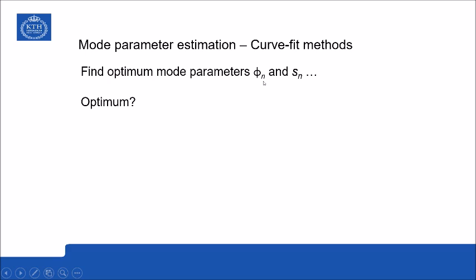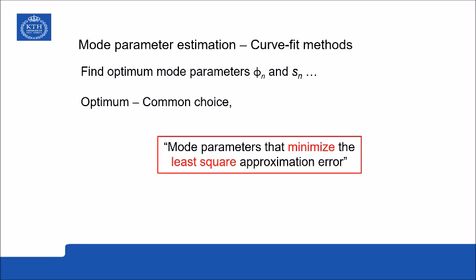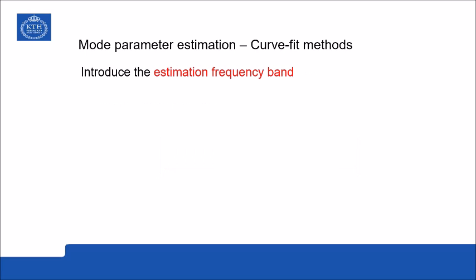What is then meant by optimum? Well, the most common choice is that we mean in least square sense. That means that the mode parameters that minimize the least square approximation error are the values that define our modal model.